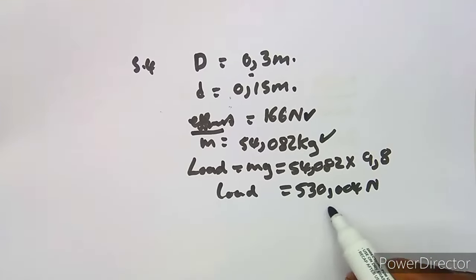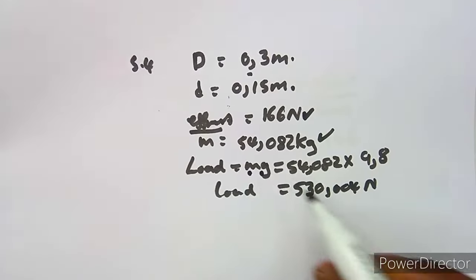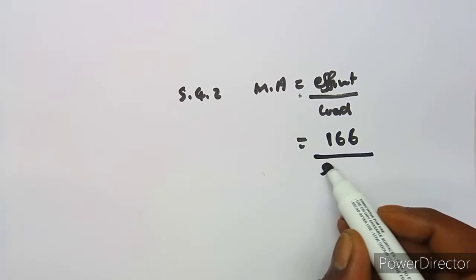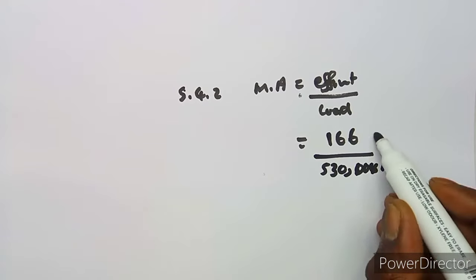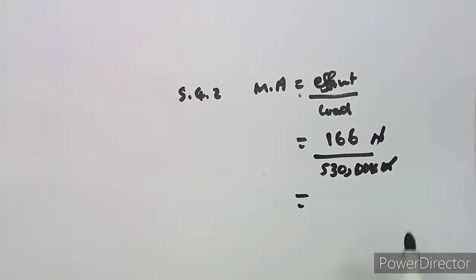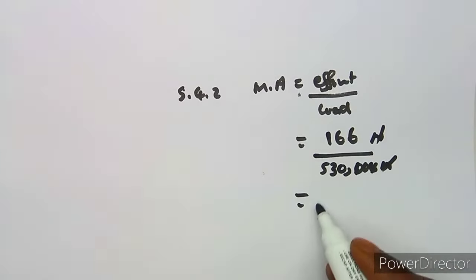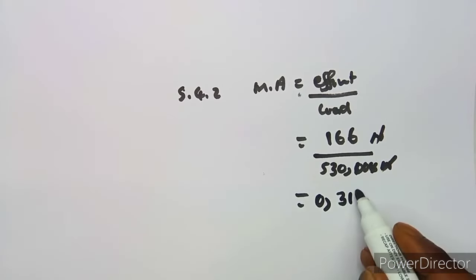So we've got 166 Newton over the load, which we calculated from mg and obtained as 530.004. This is Newton over Newton, so we shall have a constant value, which is 0.313 or something like that.